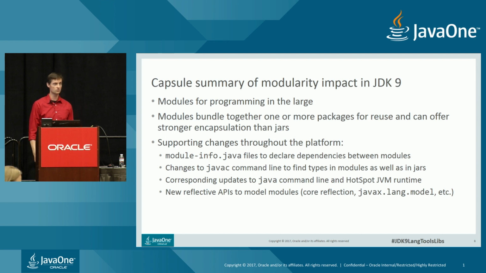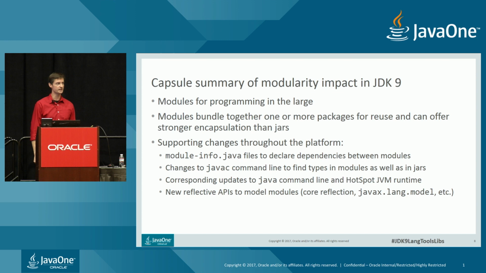One reason Jigsaw was a large project was because it required changes throughout many aspects of the platform: the language, tools, and libraries. The language changes for Jigsaw include a new kind of file, a module-info.java file, which declares dependencies between modules. Javac was updated to support that new kind of source file, as well as to find dependencies through modules.